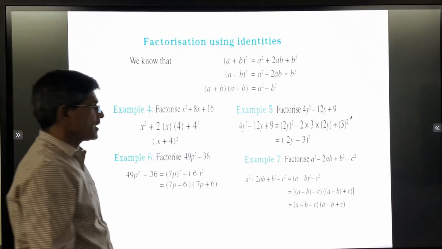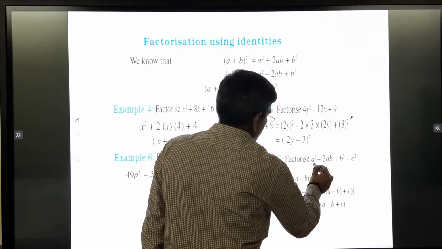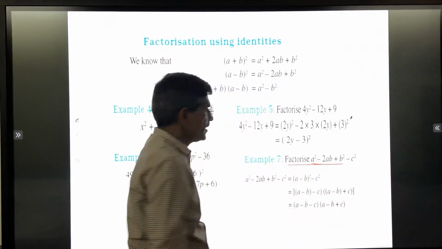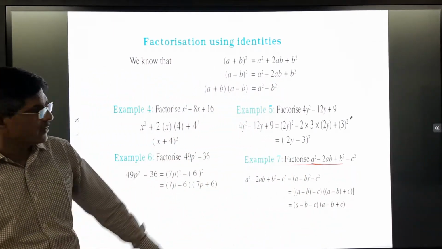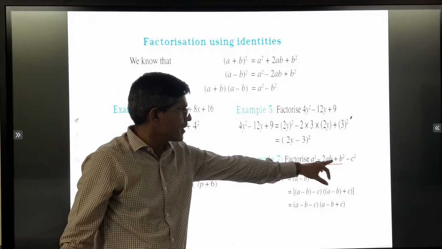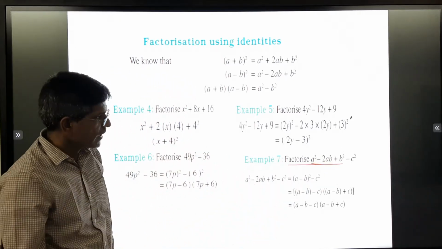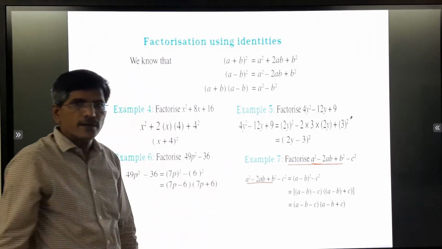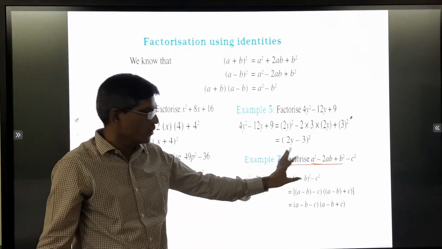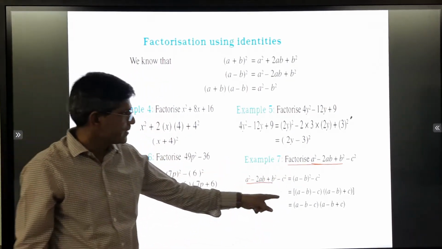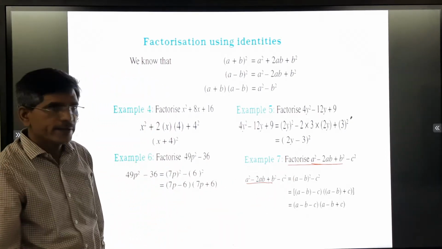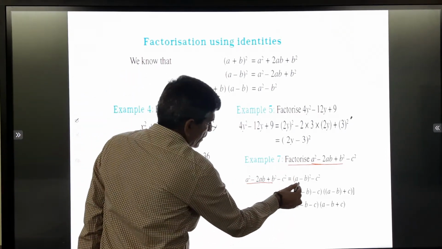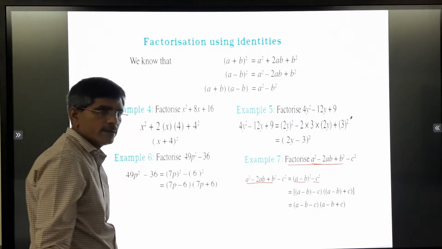Now in example number 7, if you see, there are 4 terms. But the first 3 terms are a perfect square: a squared minus 2ab plus b squared. So what do I have to write first? The first three terms are a perfect square, so I write (a minus b) whole squared minus c squared.